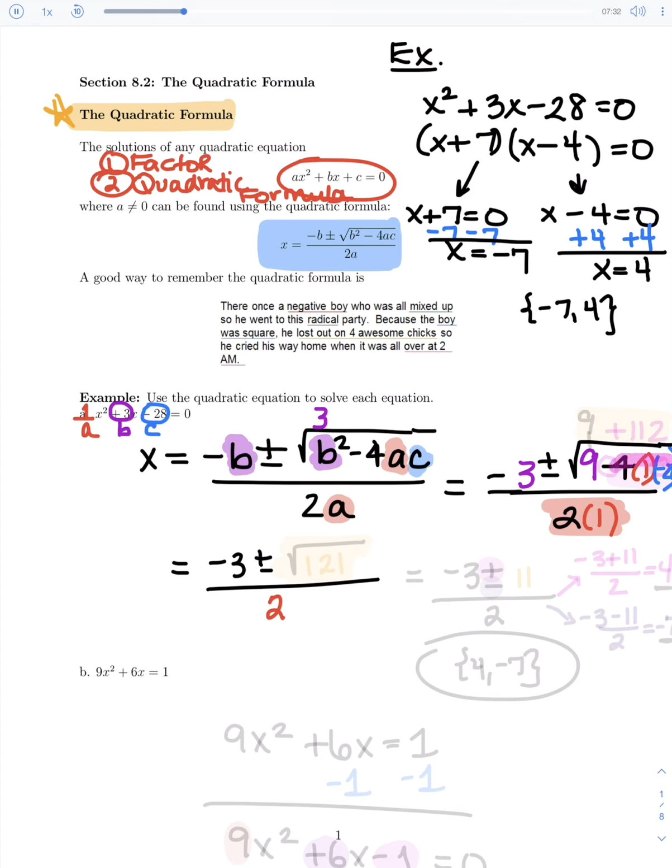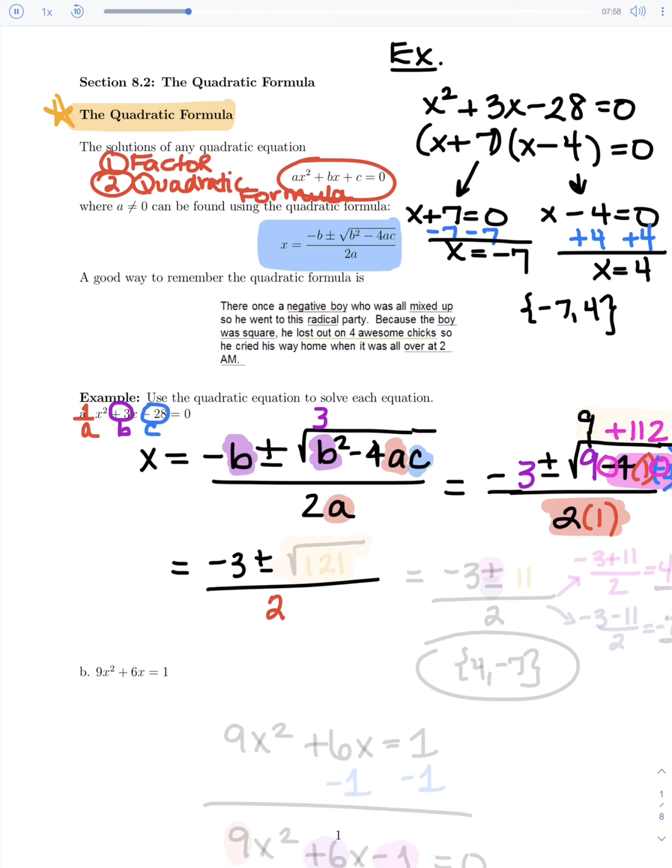So we have a 4 times a 1 times a negative 28. And it also has a negative in front, so a negative times a negative is going to turn into a positive. The 4 times 1 times 28 will give us 112. And again, remember, a negative times a negative gave us a positive 112.